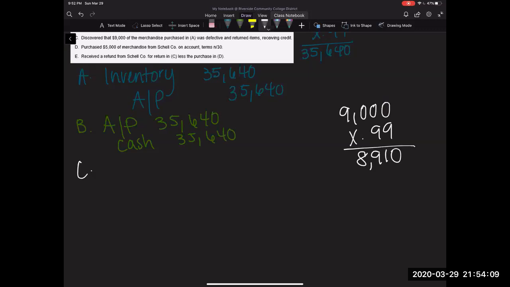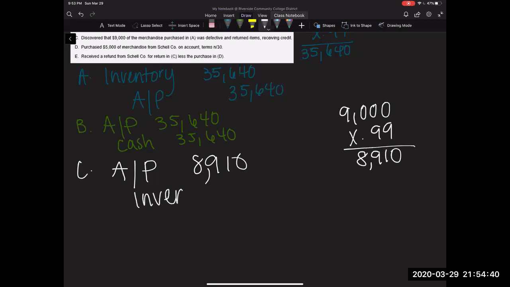So I'm returning it. I've already paid it. So what we're going to do is a debit to accounts payable, which is the $8,910, and then a credit to inventory.